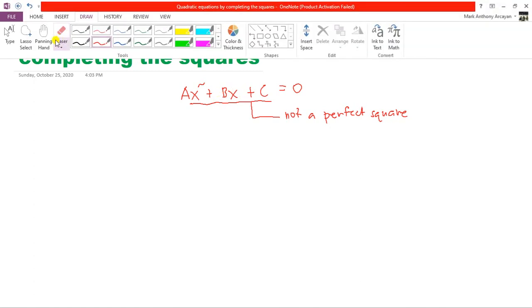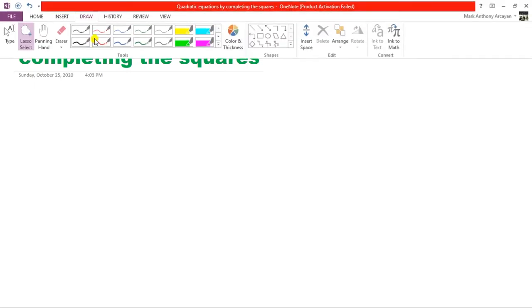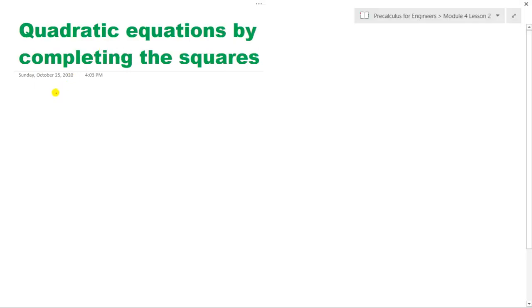Let's say we are given an example. So this is the process of completing the square. So we have here x squared plus 6x minus 5 is equal to 0. So here, the first thing you should do is isolate the two terms that contain x squared and the 6x, so that contains the variable.